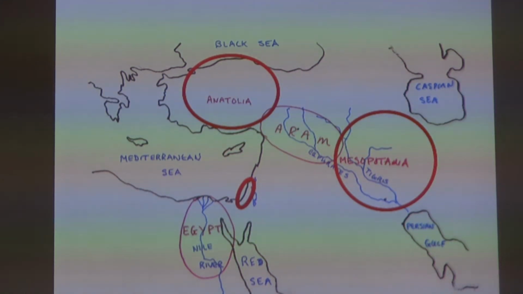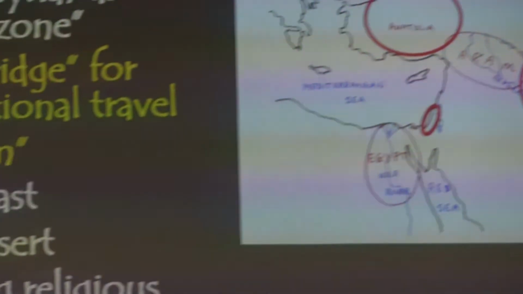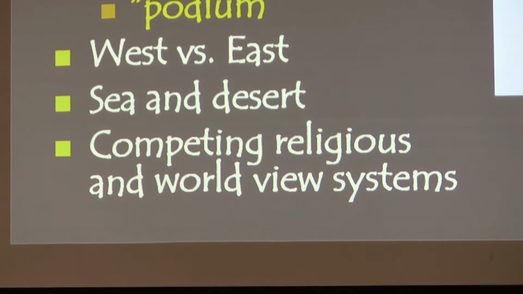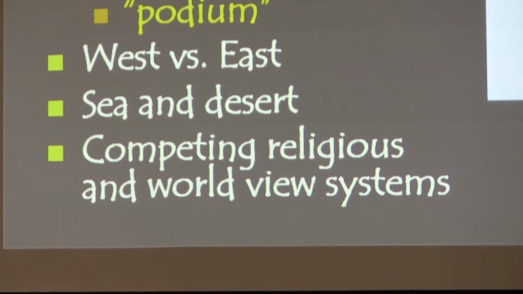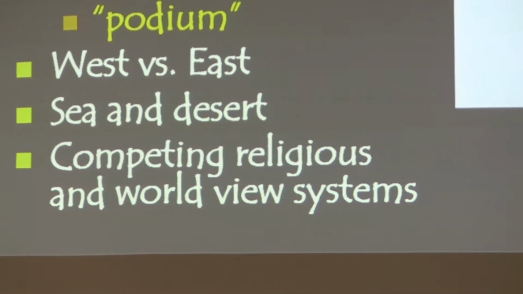It's also kind of bringing some closure to this complex between what question. It's going to be between competing religious and worldview systems. I said a moment ago that it was supposed to be a podium for a good message going out. But unfortunately, God's people found themselves very often too impressed with the things round about them, too impressed, for an example, with Baal worship.